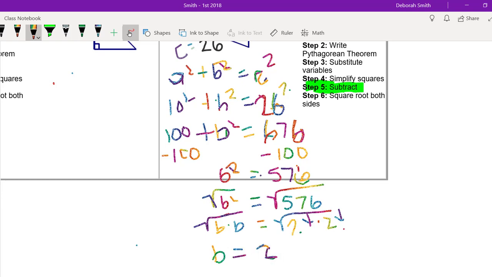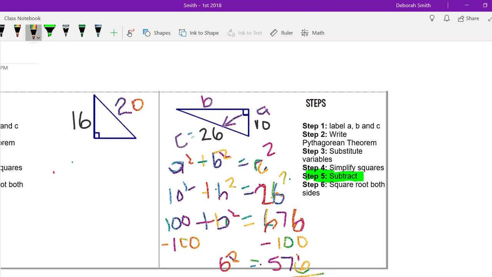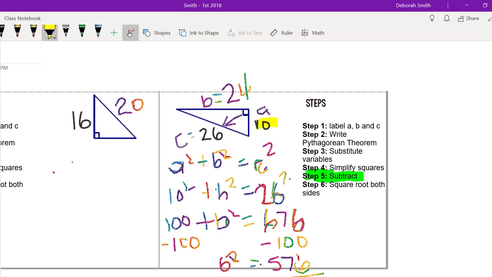B is equal to 24. So when I go back to this triangle to say that this is equal to 24, that looks good because the legs should be shorter than the hypotenuse, and it is.